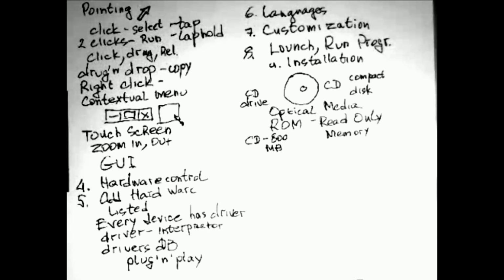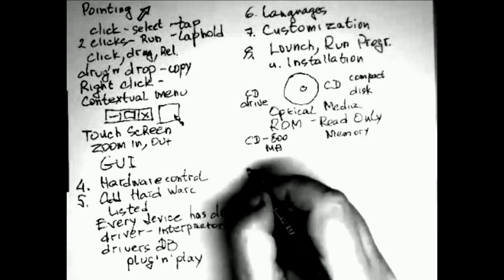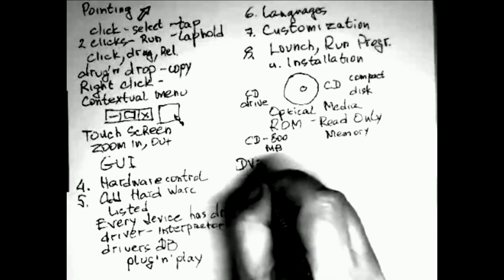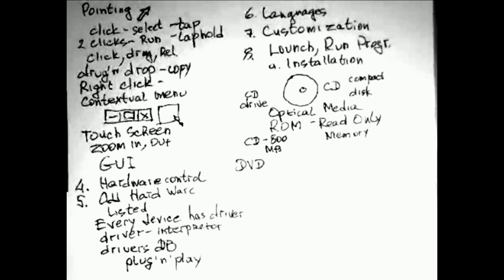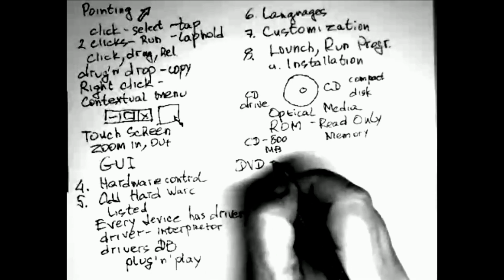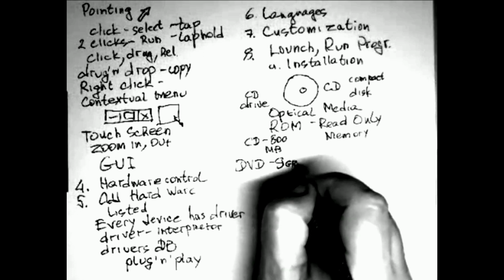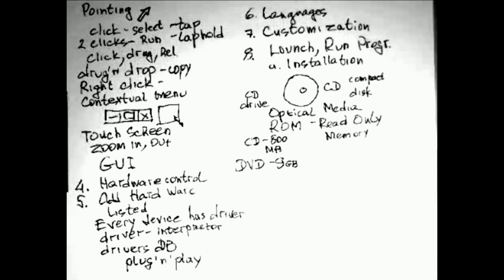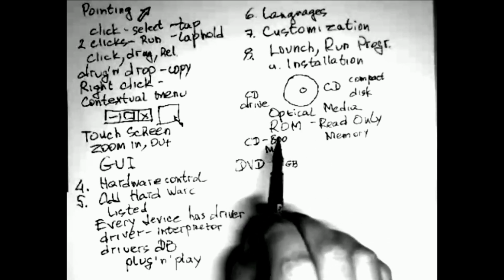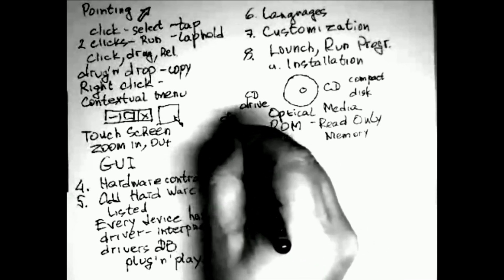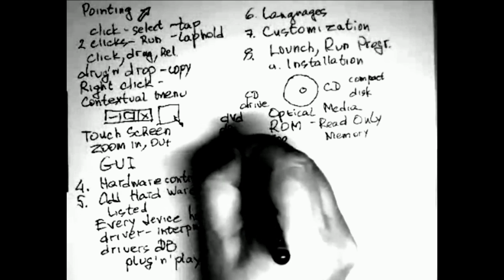But you know about the higher capacity, which is DVD. So some information can come on DVD. DVD is about 9 gigabyte of information. 9 gigabyte. So to read DVD, you need to have a DVD drive.